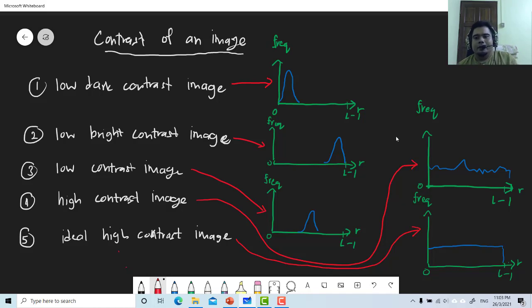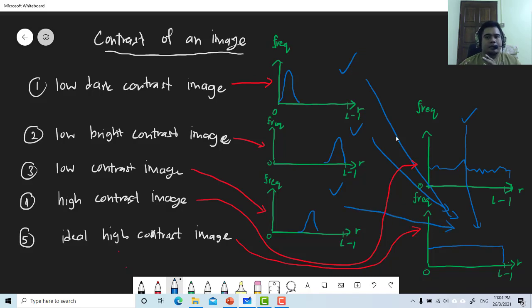The objective of histogram equalization is that by applying it, it will go towards producing an image with this histogram. That is the main objective of histogram equalization.